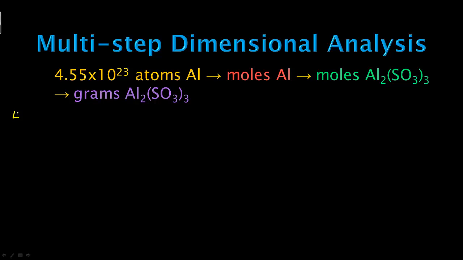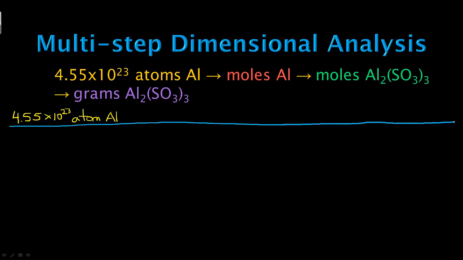So we've got 4.55 times 10 to the 23rd atoms of aluminum. We're going to convert to moles of aluminum, so that goes on top, moles of aluminum.